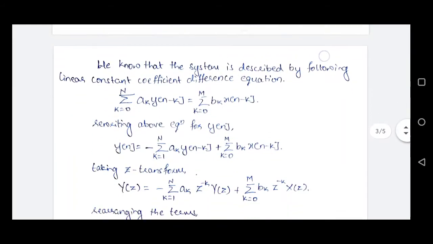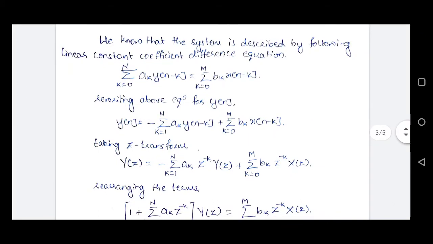And we know that any discrete linear time invariant system can be described by a linear constant coefficient difference equation, and the general form of difference equation is given by summation k equals 0 to n ak y of n minus k equals summation k equals 0 to m bk x of n minus k.